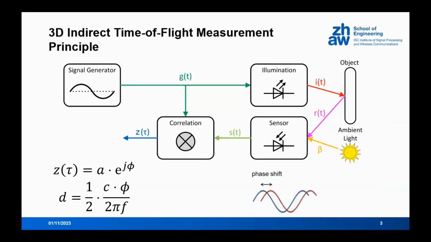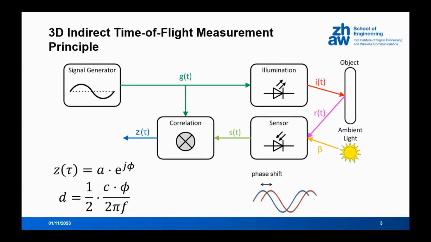So 3D time-of-flight cameras are a very nice thing. They can measure in every pixel of the imaging sensor the distance to the object. In a LiDAR, for example, you have to move a mirror. In a 3D time-of-flight camera, as we use it, we have an imaging sensor that measures the distance in every pixel. To do that, we send out light that's modulated with a frequency.